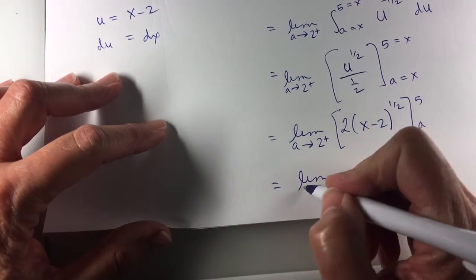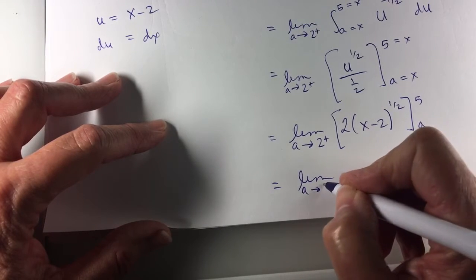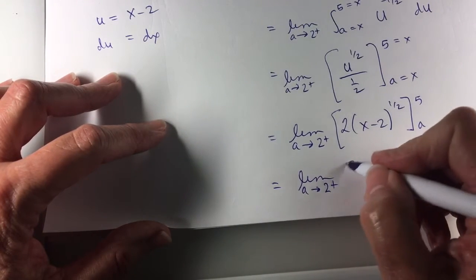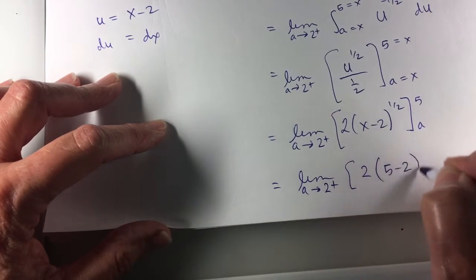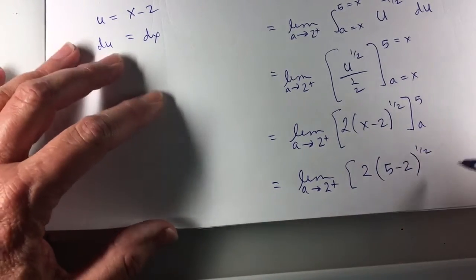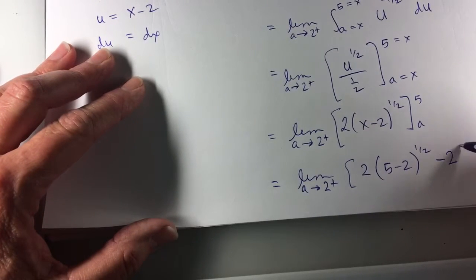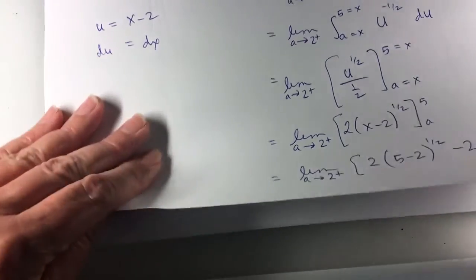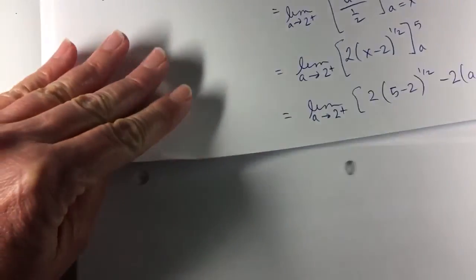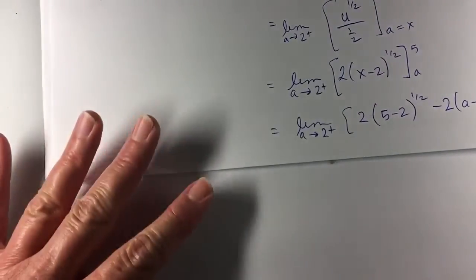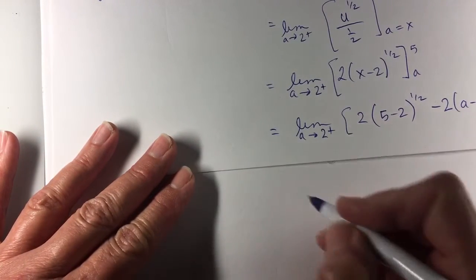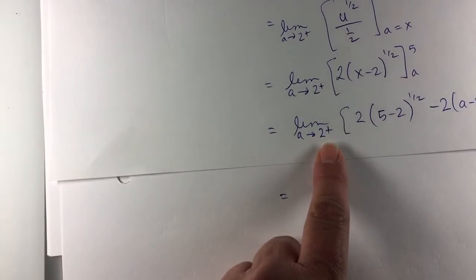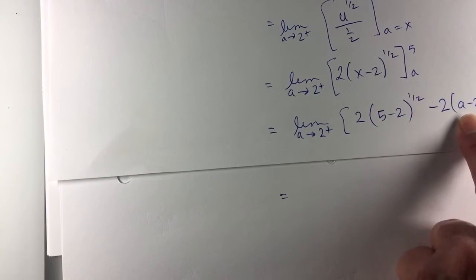I'll plug in the 5 and the a. The limit as a approaches 2 from the right of 2 times 5 minus 2 to the 1/2 minus 2 times a minus 2 to the 1/2. At this point, I know 5 minus 2 is 3, but now I can plug in the 2 right here.